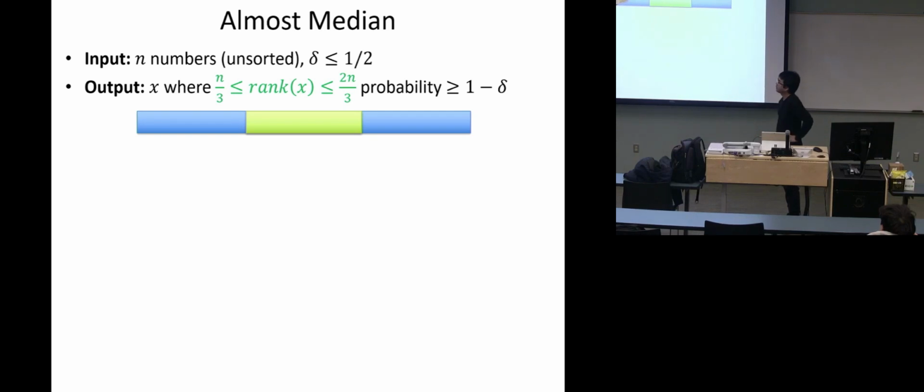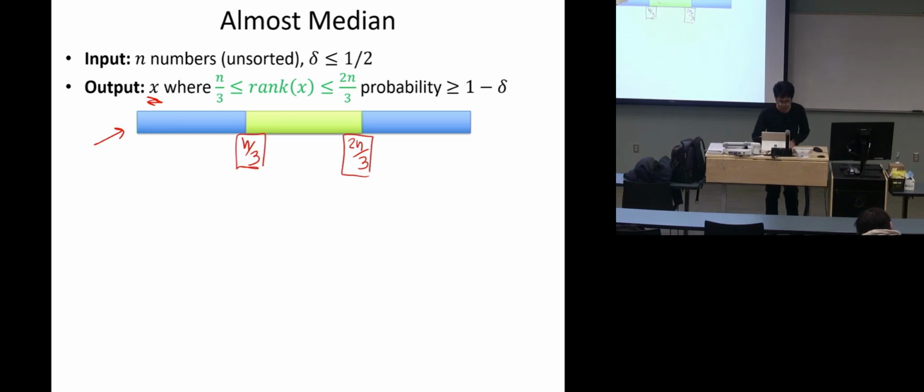Suppose that you have n numbers that are unsorted. What I want is some number x whose rank is close to the median. Suppose you sort the array, then this is the rank n over 3 and 2n over 3.